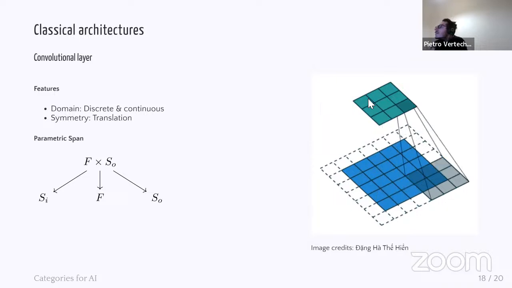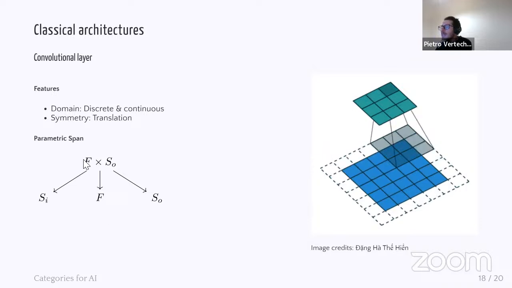We can see it clearly in the GIF, where the red square is the output image, the blue square is the input image, and the shaded area is the filter. And we're moving it around to compute the various outputs.